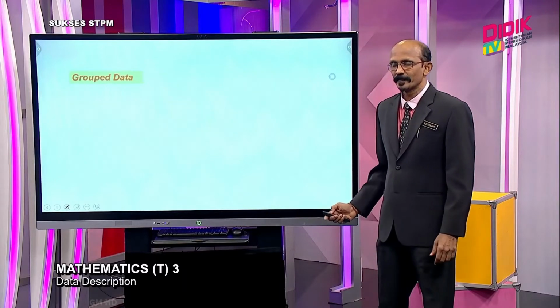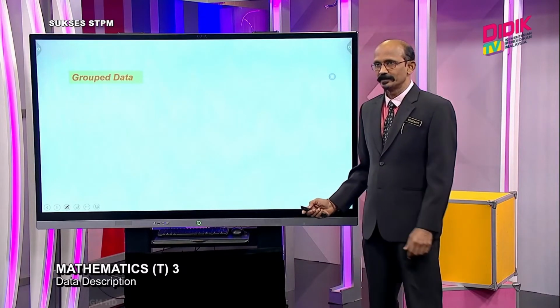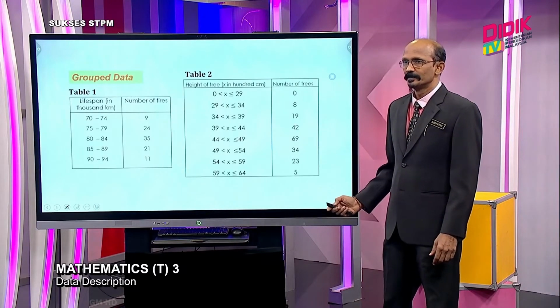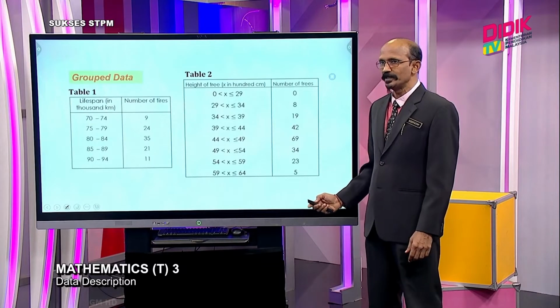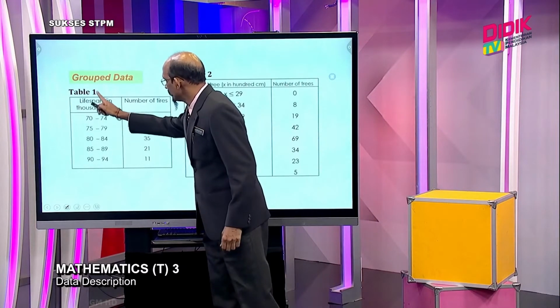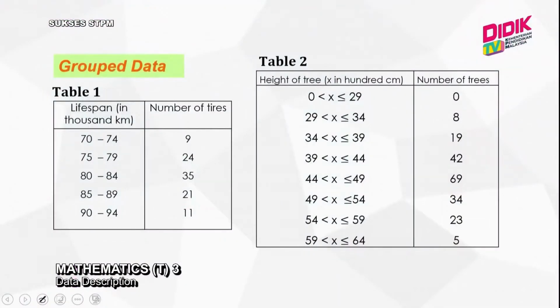Well students, for grouped data, let's look at the major mistake found among students. If you notice here in table 1, from 74 to 75 there is a gap, whereas for the other table there is no gap.